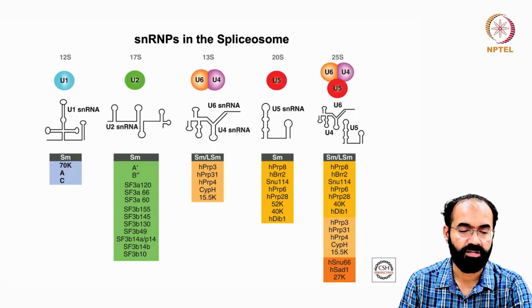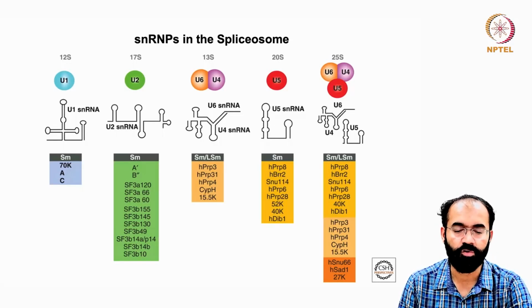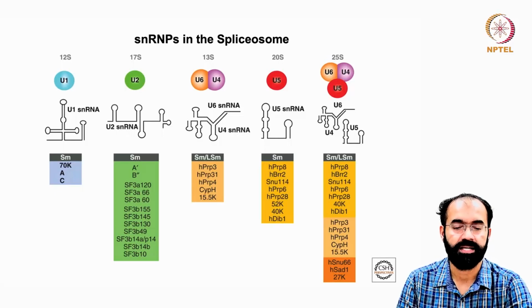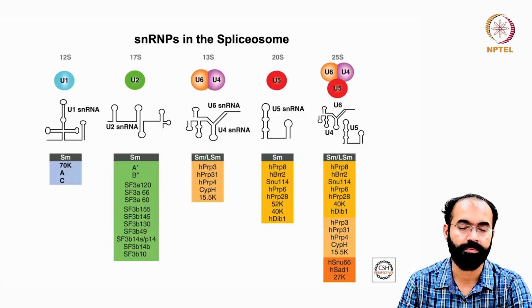U1 is around 12 S, Svedberg unit being its size, and this is the shape of the secondary structure of U1 snRNA, and it has some Sm protein interaction. We'll see about Sm proteins in detail in a future class, because if I start talking about them now, it will be completely out of context. For the time being, you understand that each of these snRNAs has this structure.